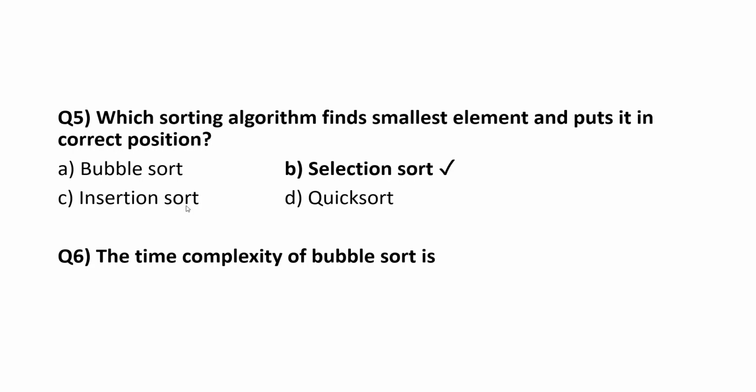In insertion sort, every time the most appropriate position of the current value in the sorted list will be found and it will be placed. Anyhow, there is no quick sort for you. So there are only three sorting methods: bubble sort, selection sort, and insertion sort. For this question, the correct answer is selection sort.